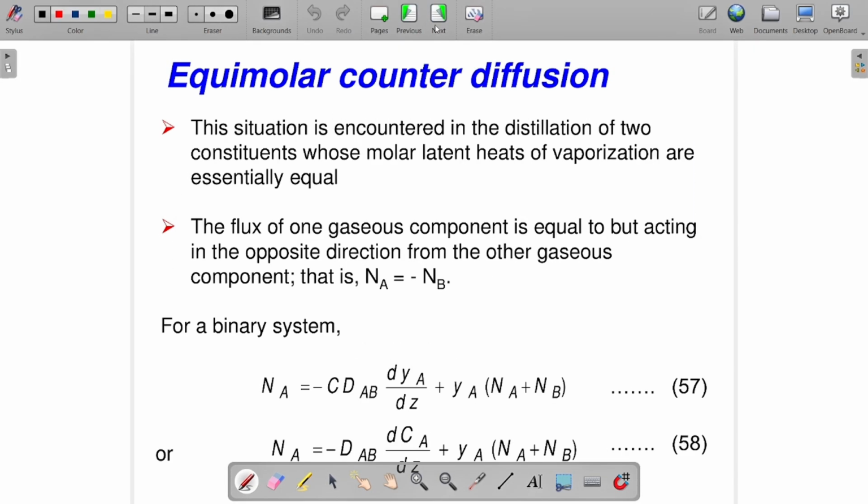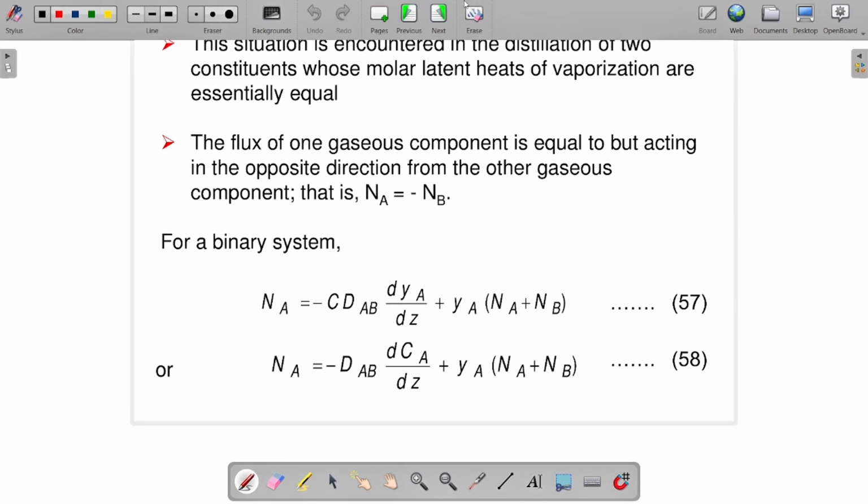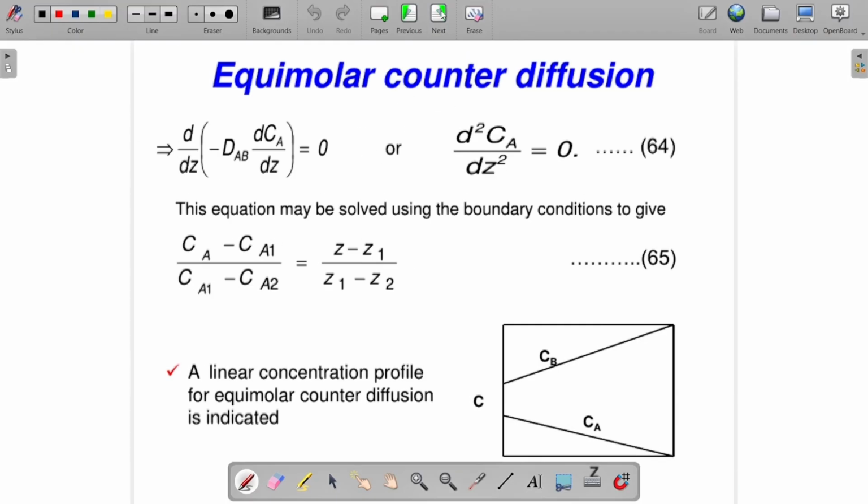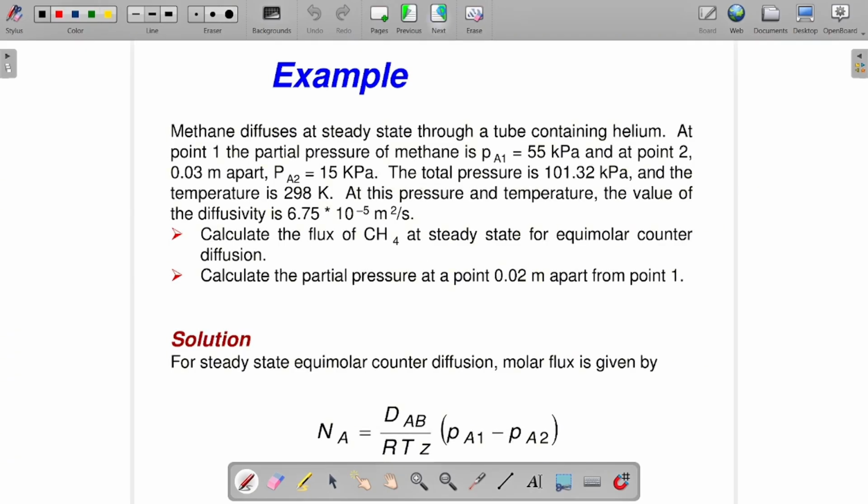So this is the equimolar counter diffusion. And when you have an ideal gas situation and you are bringing in the P over RT, it can be simplified for you to do it.